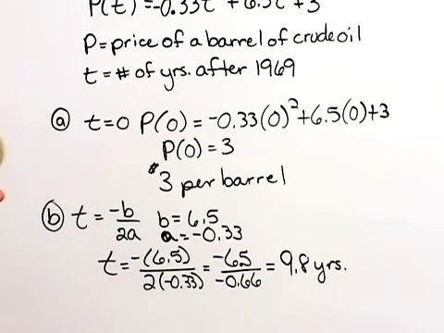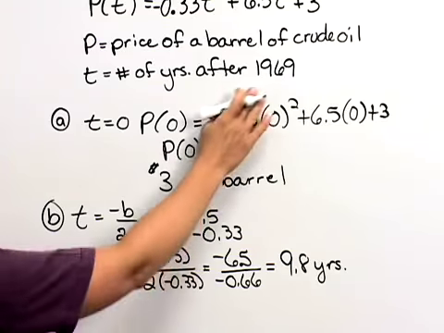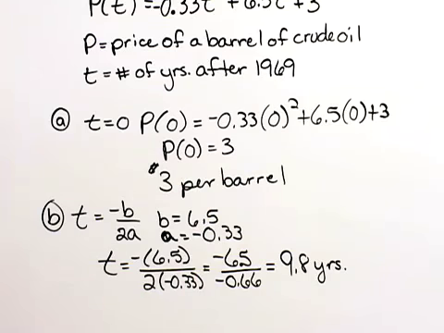So it will take 9.8 years after 1969 for it to reach its maximum value.